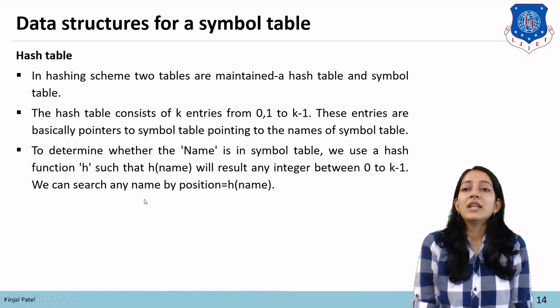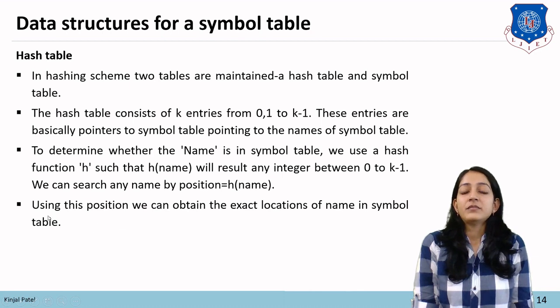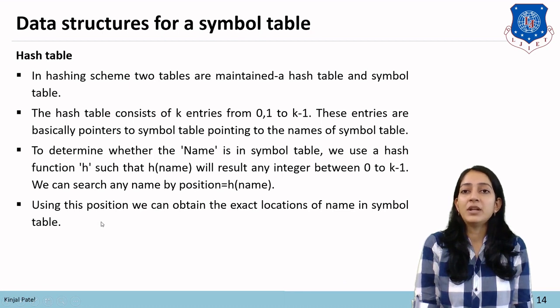Using the hash table we can search any name by its hash value, or we can say its position. Using this position we can obtain the exact location of the name in the symbol table. In a hash table we can directly retrieve the value by its hash value; we need not perform any searching algorithm.